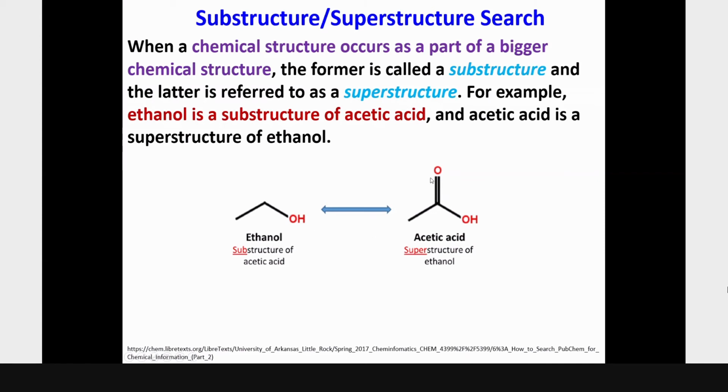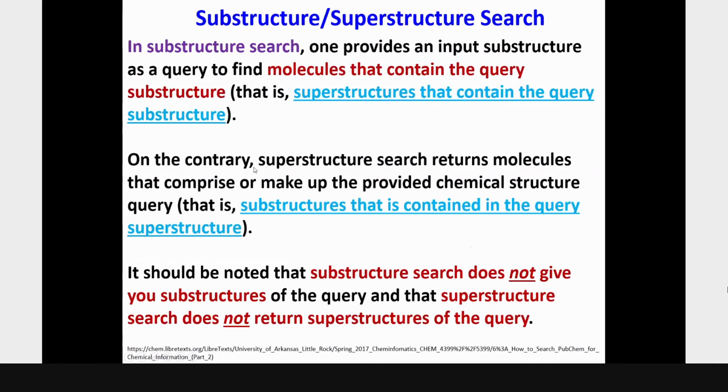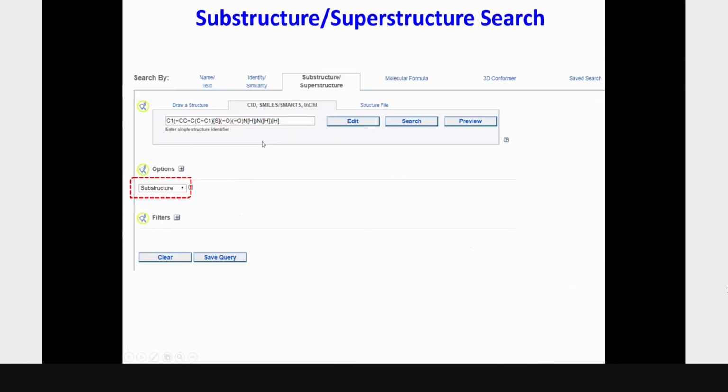Now, when you do these searches and want to identify the substructure, when you do a substructure search you do not actually get substructures, but what do you get? You get superstructures. Whenever you hit this query, entering some SMILES string, you get superstructures even though you are asking for a substructure.